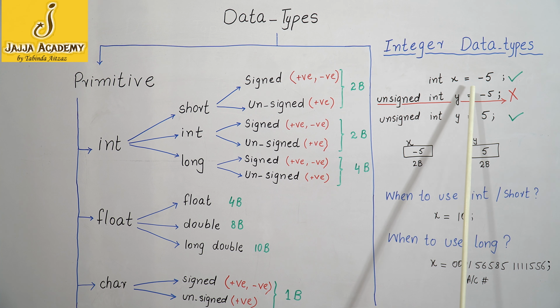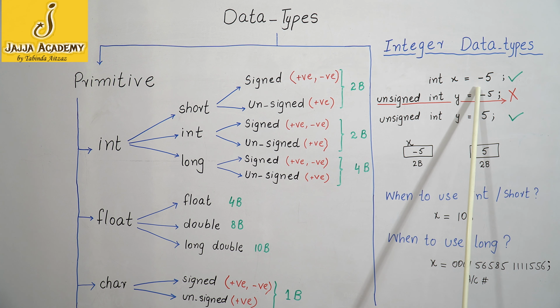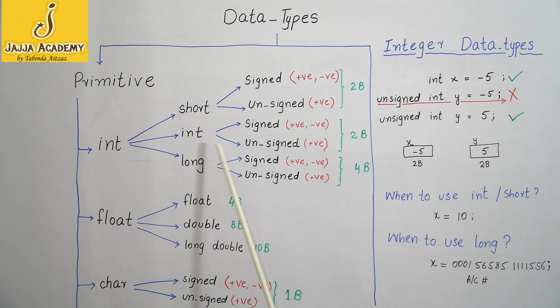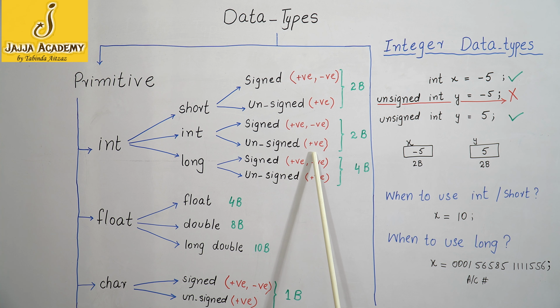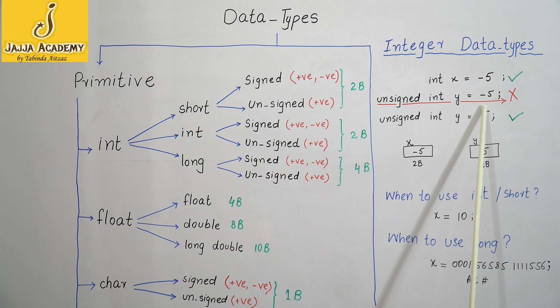I have assigned -5 to this variable x, so it's a correct statement. In the next example, unsigned integer y. Therefore, it must support positive values only, because an unsigned integer supports positive values only. But I have written -5 here.